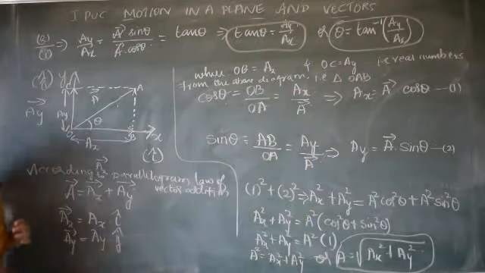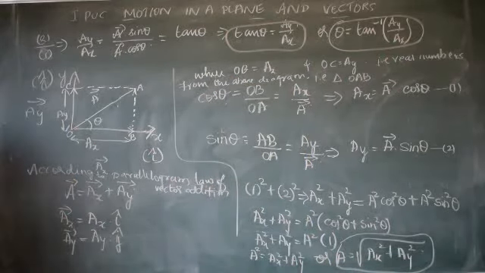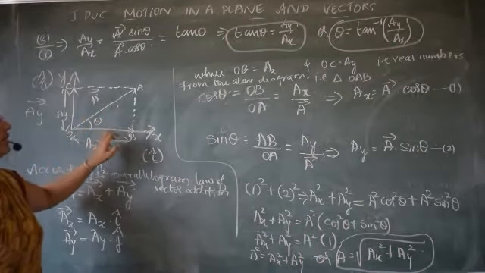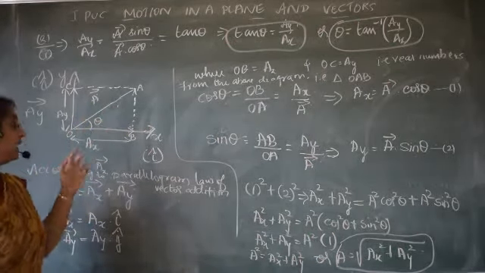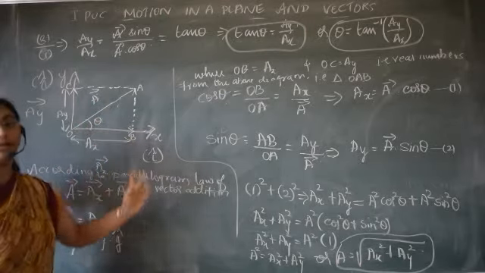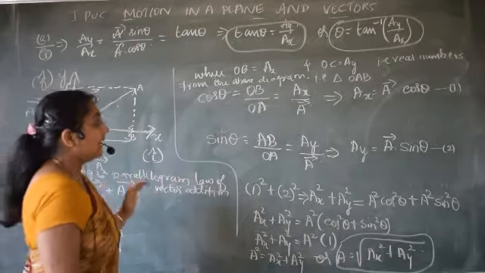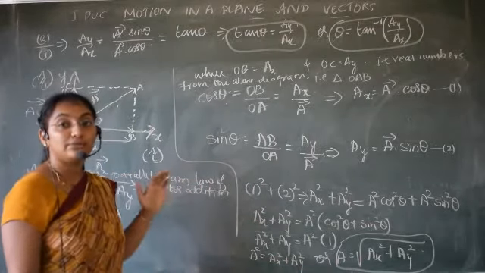Either you can write tan theta is equal to Ay by Ax, or theta is equal to tan inverse of Ay by Ax. Understood? So this derivation is very, very important for 5 marks.